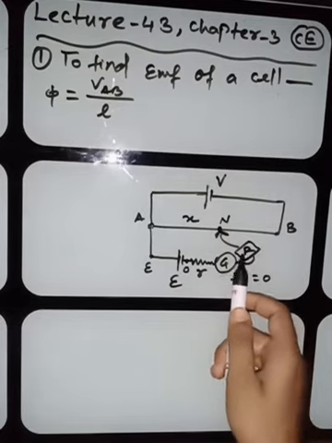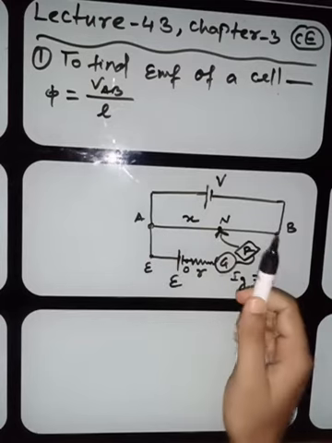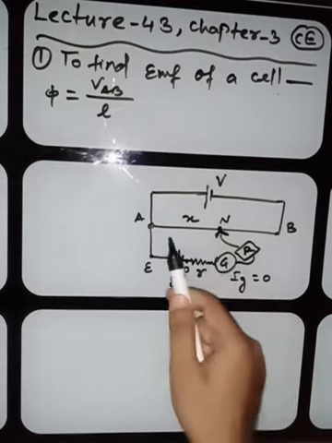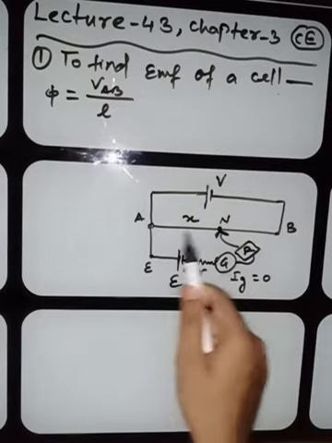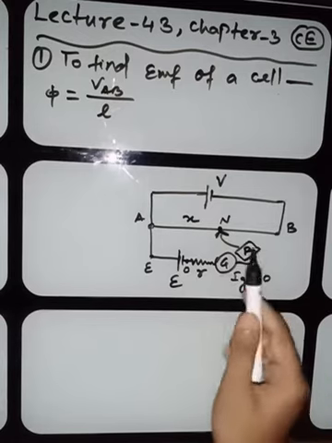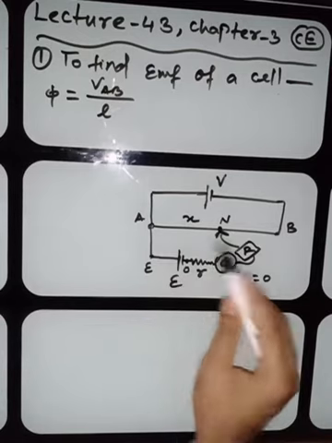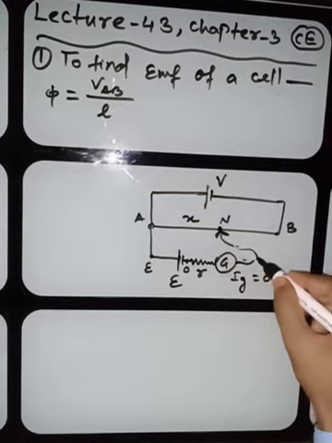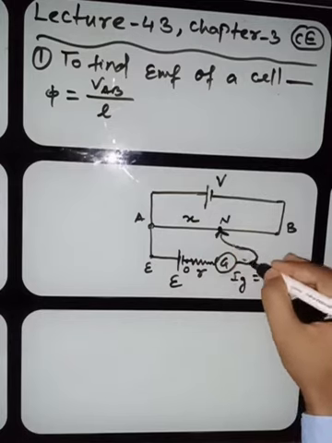This high resistance will decrease the current, and remember, this current is not flowing at every point. At the null point the current is 0. So whenever you reach the null point, you can withdraw this high resistance and it will not affect the balance point. Why?